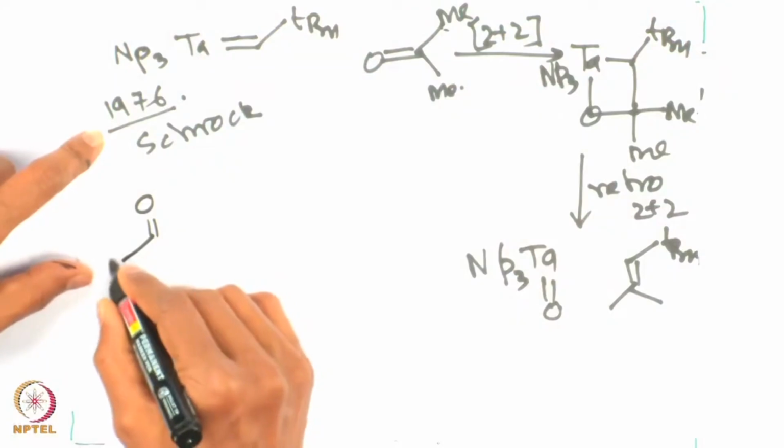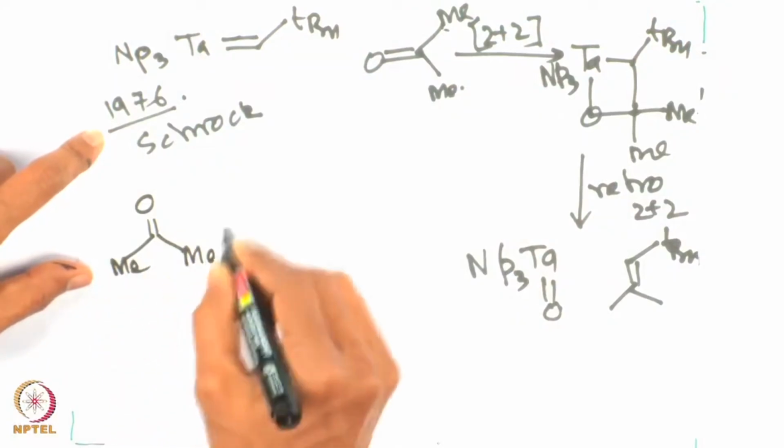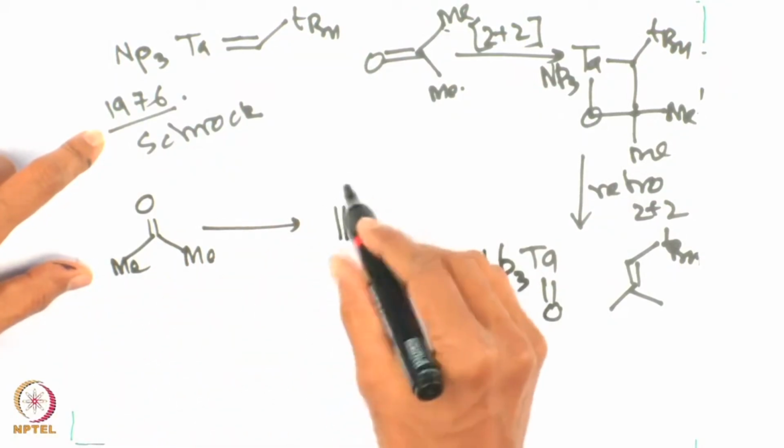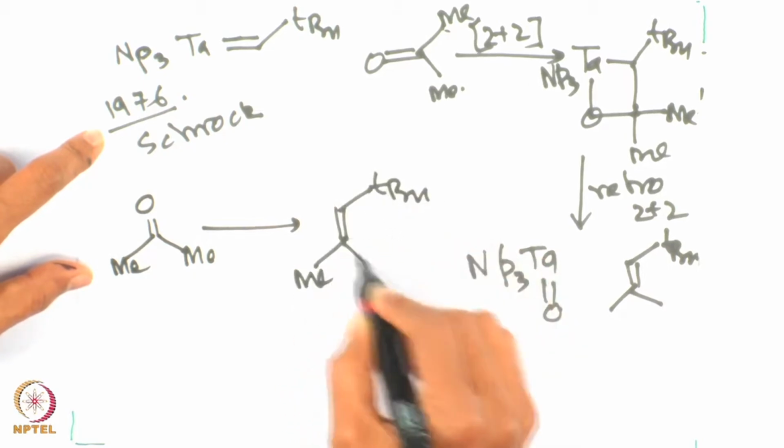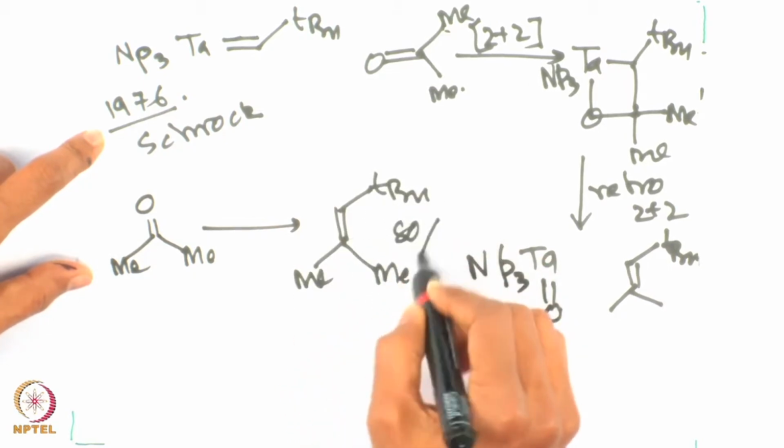Let us look at one of those examples where ester is reacted with the Schrock carbene to give you the newer olefin. First of all, let us look at one of the ketone examples. I think that we have discussed. During this process, overall we get this tert-butyl containing product in 80% yield.